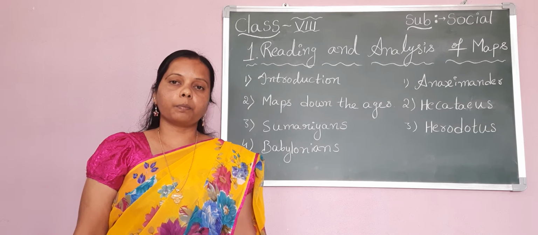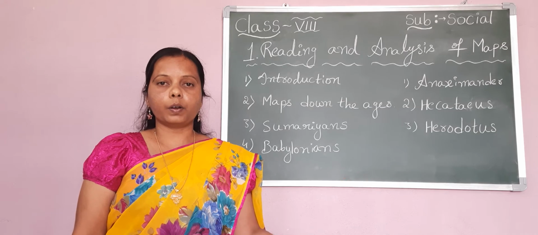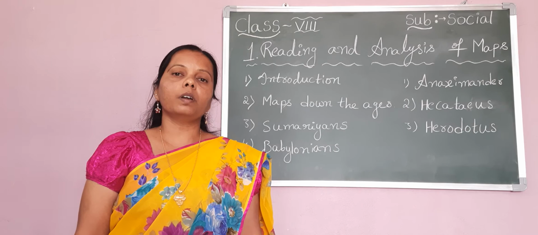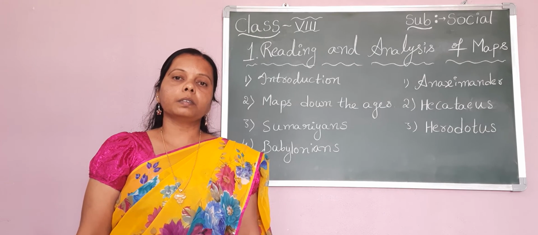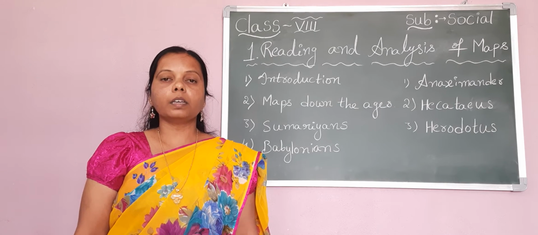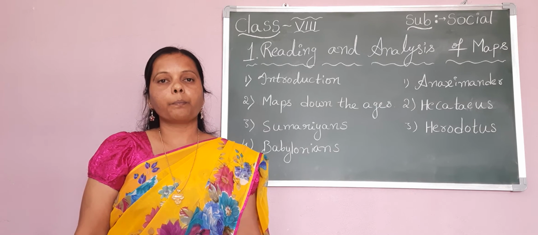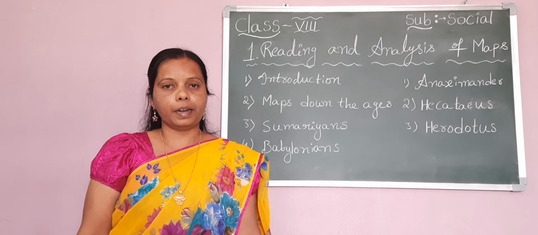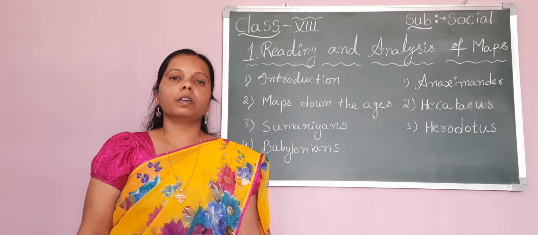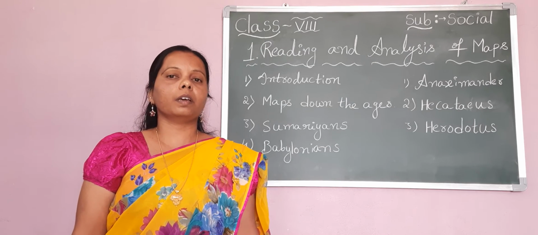At the same time, some Greek geographers like Anaximander, Herodotus and Hecataeus also tried to make world maps, and they too thought of the world as a round disc; their ideas were very similar to the Babylonians. For making maps they traveled very widely, and whatever information they got, they wrote down as a description of whatever they saw.